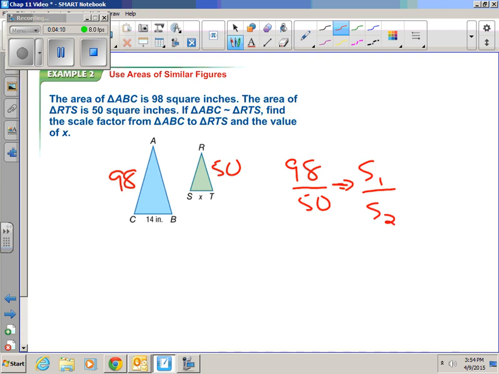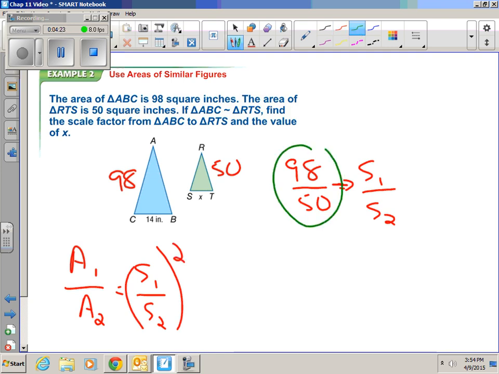Well, the area of 1 to the area of 2 is equal to the side of 1 to the side of 2 squared. So therefore, if I know my areas, I need to take the square root of that ratio in order to find the ratio of their sides.